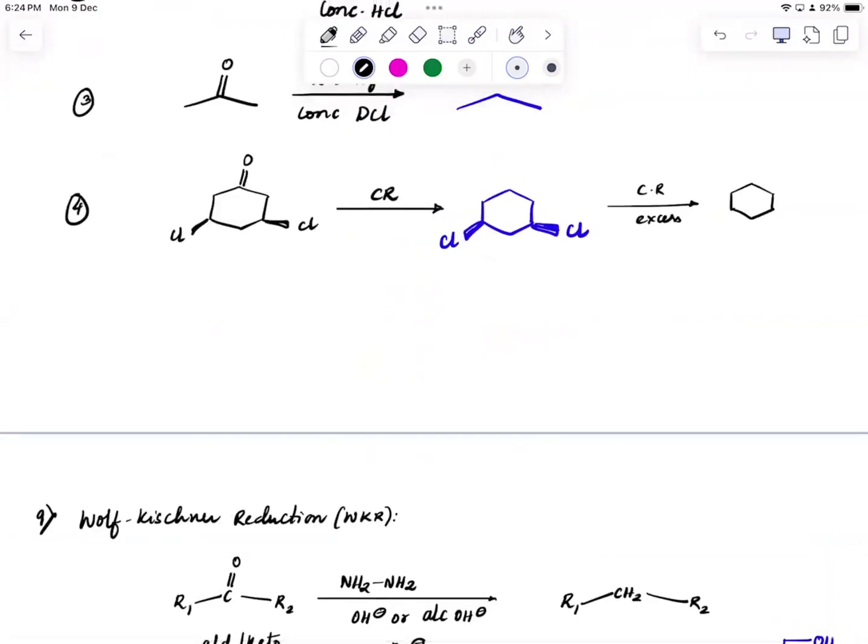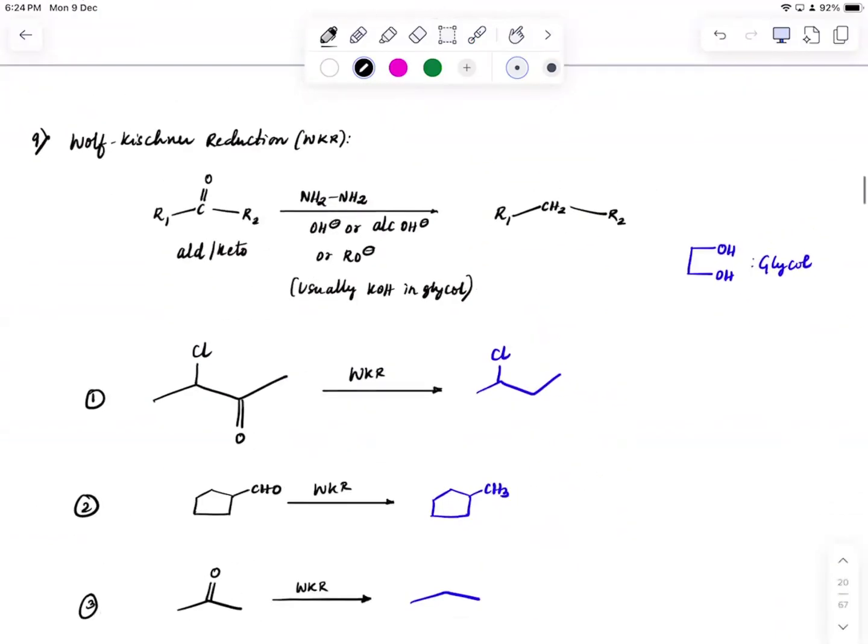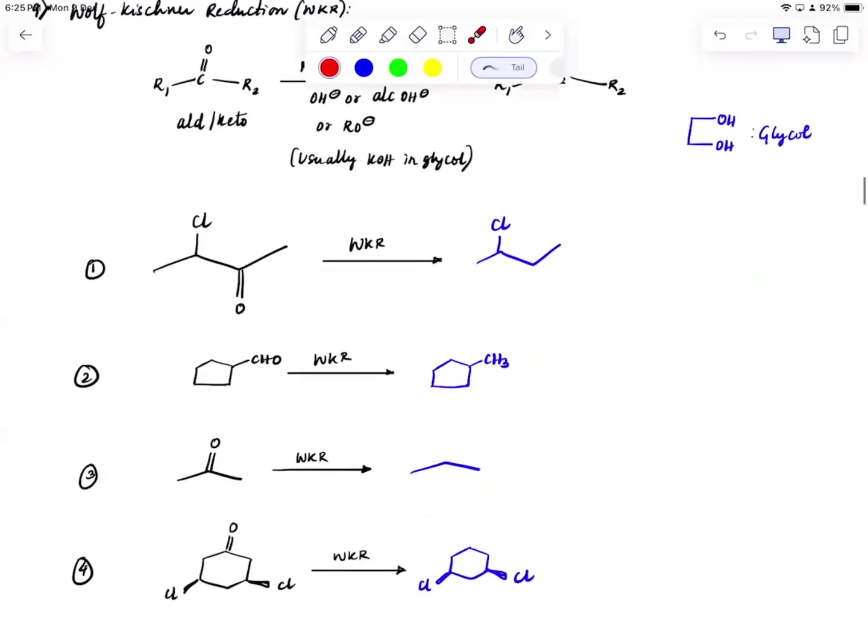Okay. Next one, if you notice, Wolff-Kishner reduction. Wolff-Kishner reduction is also converting aldehydes and ketones into alkanes, but by using hydrazine in the presence of a base, like alcoholic KOH or RO minus. You can use glycol also instead of alcohol. See here, Wolff-Kishner, this will get reduced.